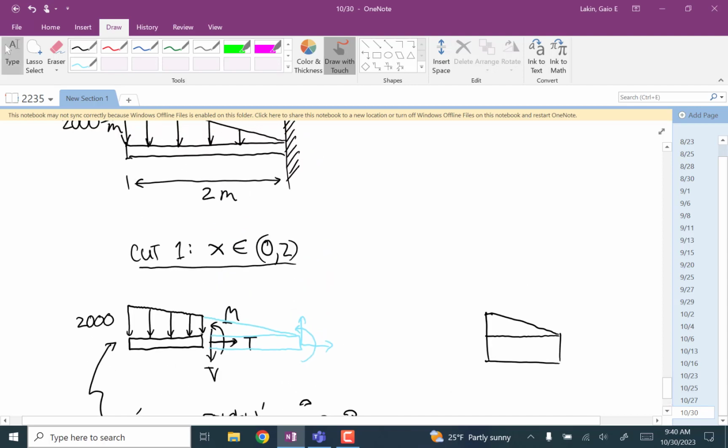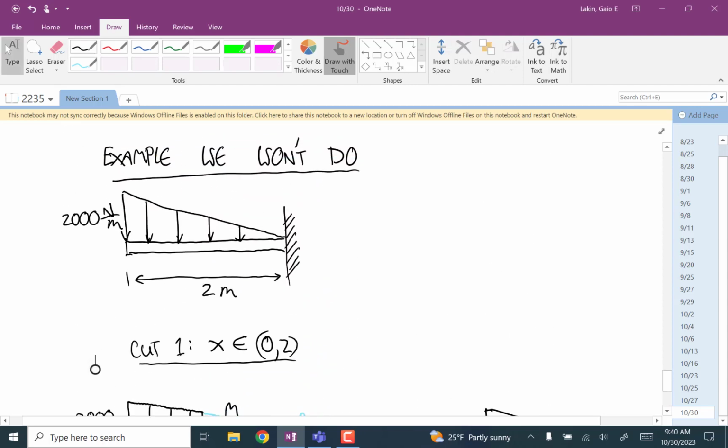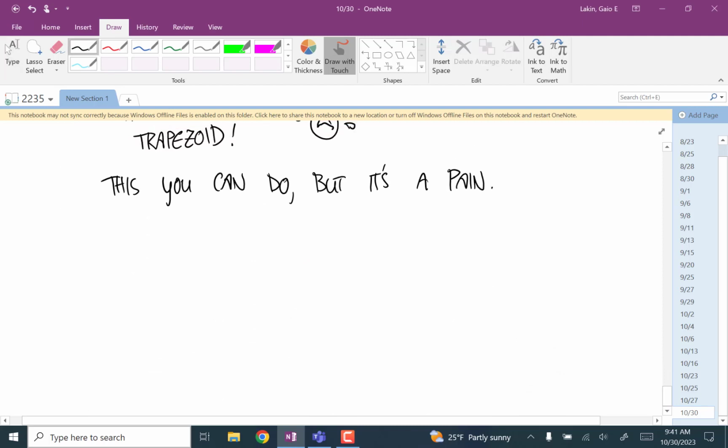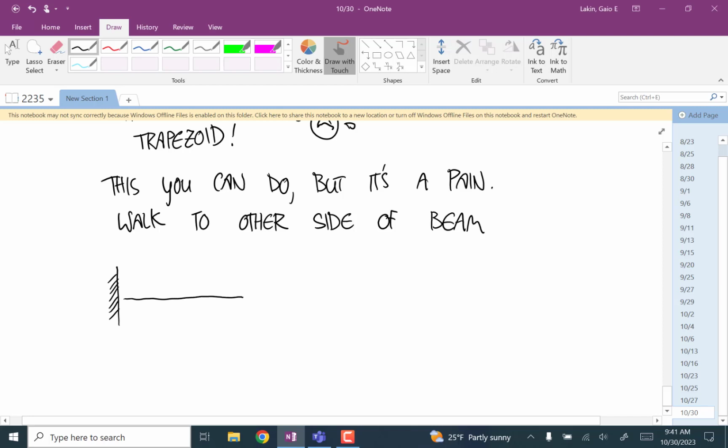So what would you do if you see a triangle oriented in this direction? Flip your paper over and go through the problem. Yes, that's exactly how to do it. Walk to the other side of the beam, and then you have the problem we just did, and it's much better.